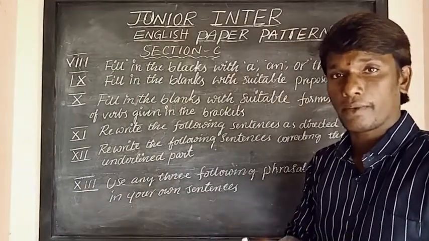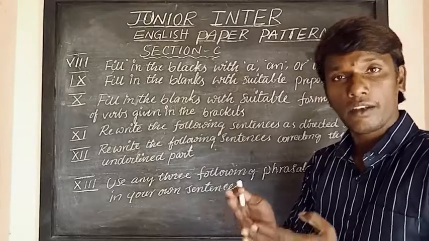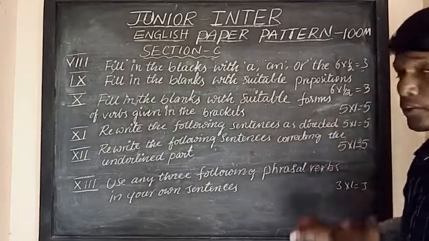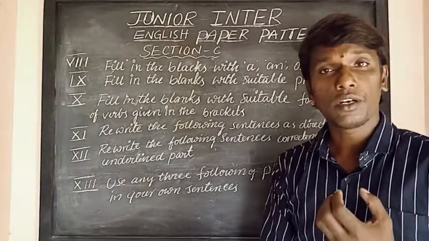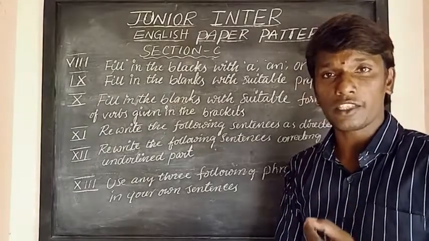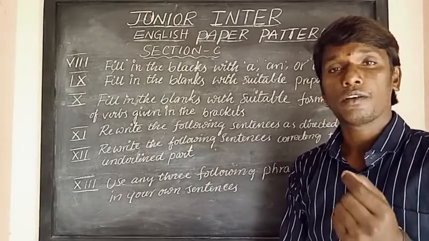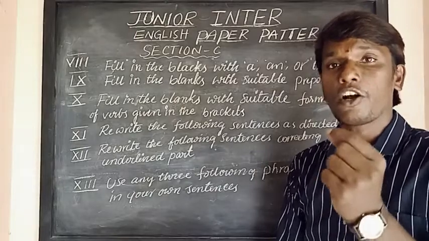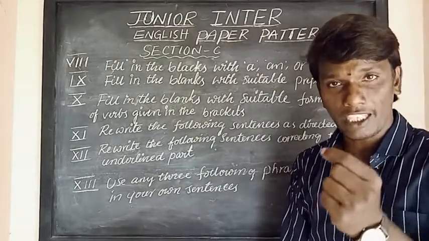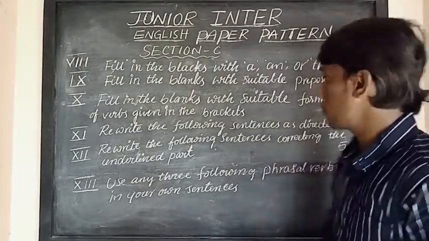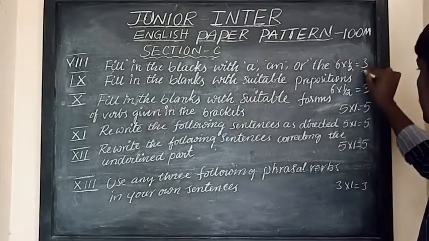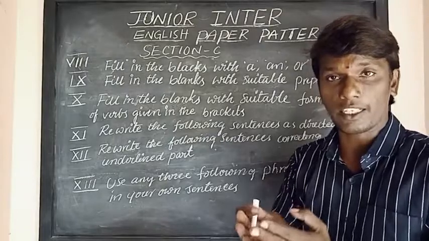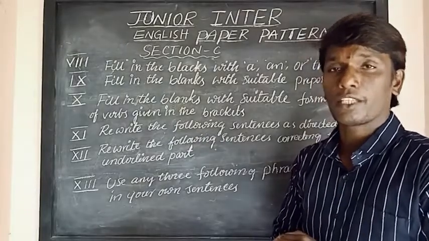That is for 3 marks. Each blank is for half a mark, so 6 into half is equal to 3 marks. The grammar topic, articles, is for 3 marks.